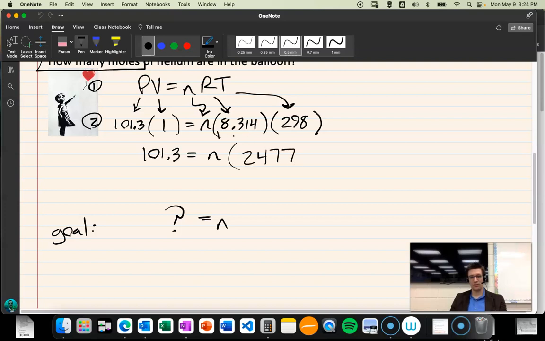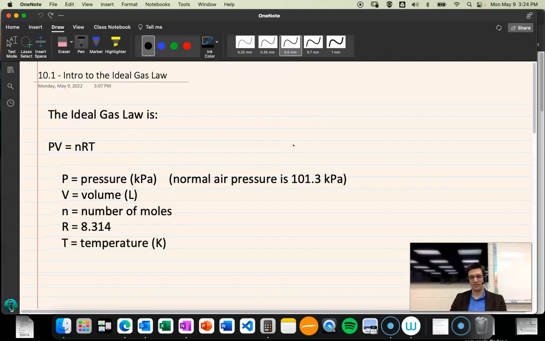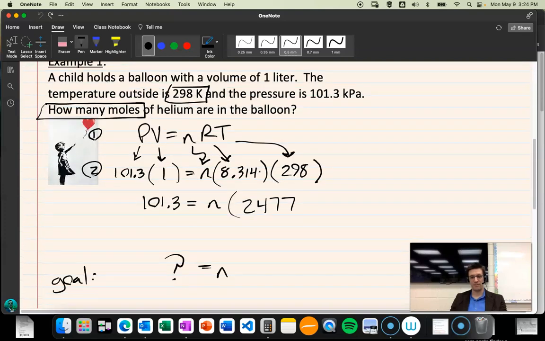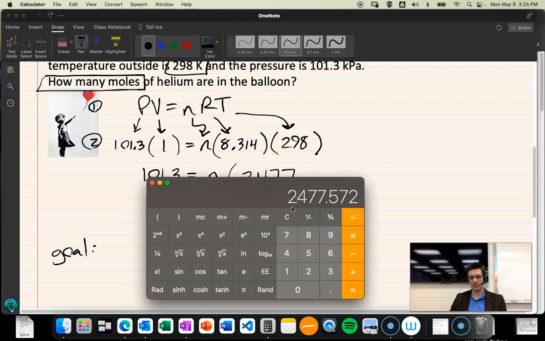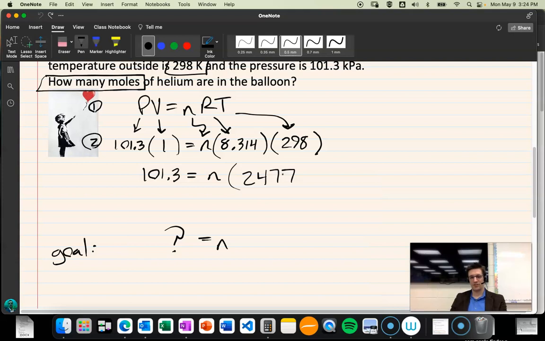This number here has 4 digits in it. You see that? So I'm just going to keep 4 digits in this one. 2477.5, that rounds up. So 2478.